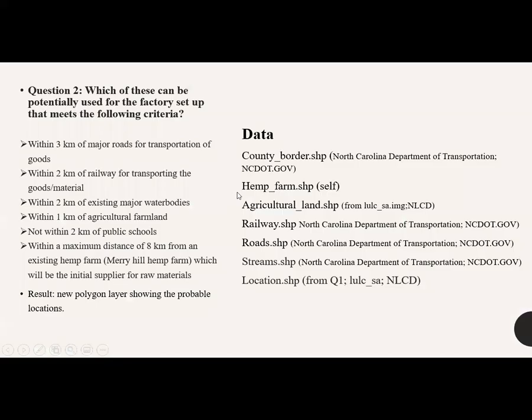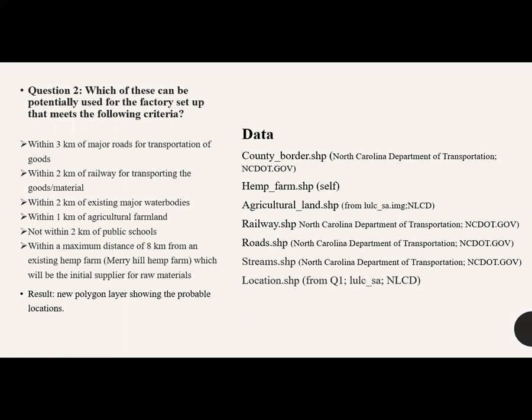Along with that, it will look at other criteria that need to be met for the best possible site selection. The criteria are: it has to be within 3 kilometers of major roads for transportation. It has to be within 2 kilometers of an existing railway for the same reason.